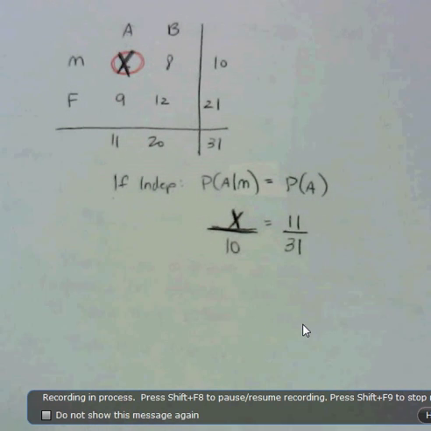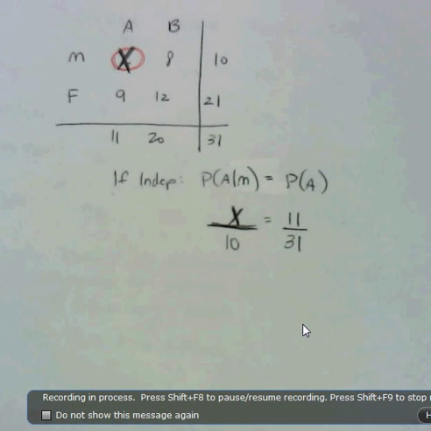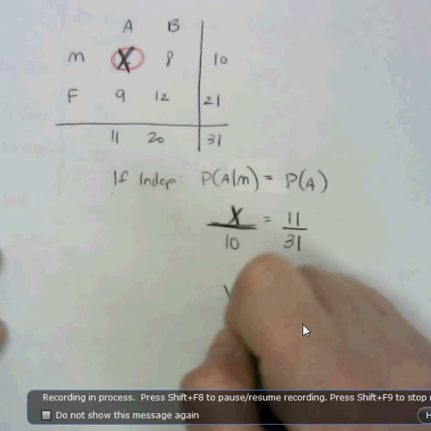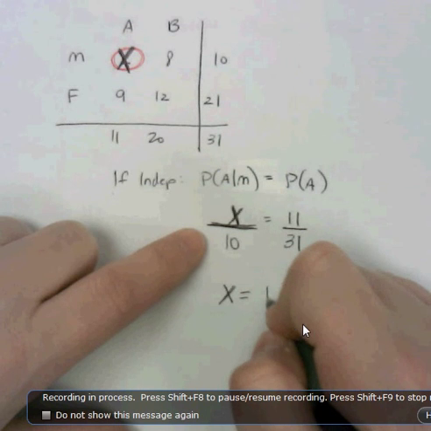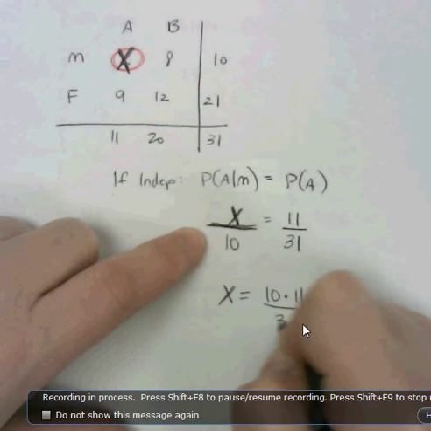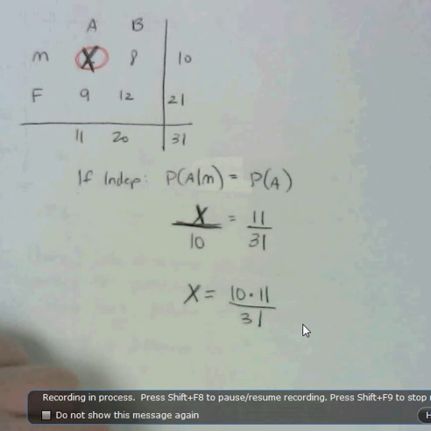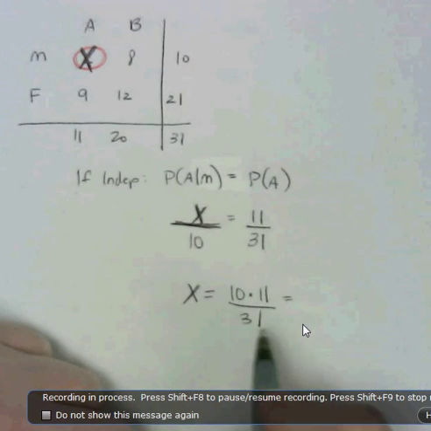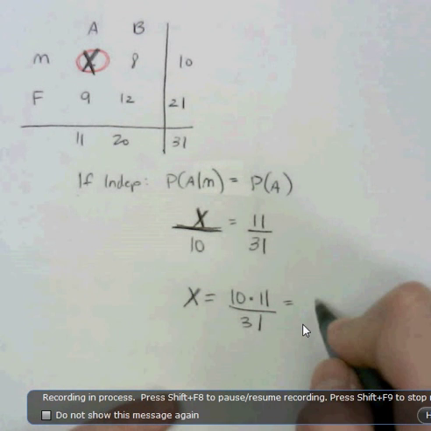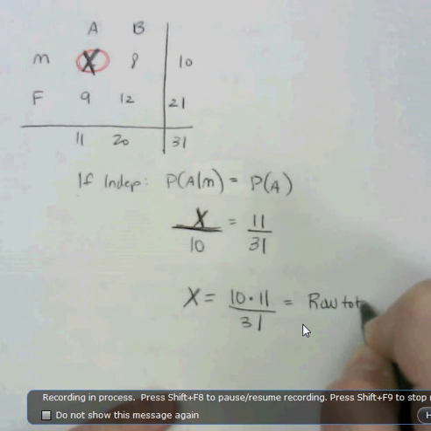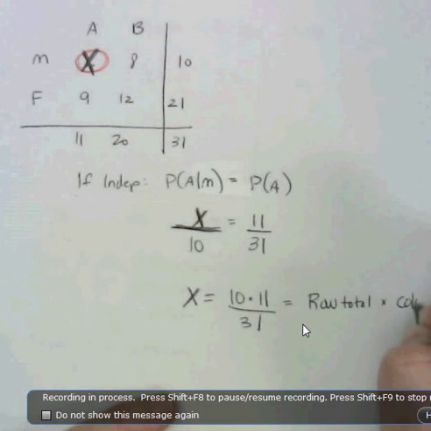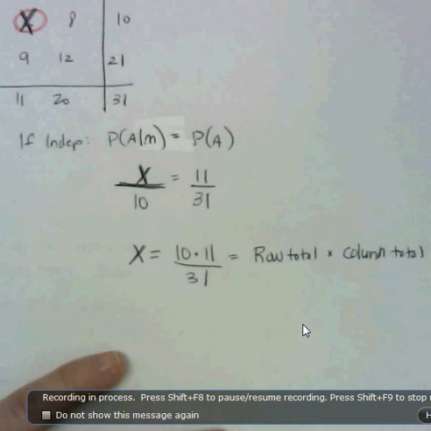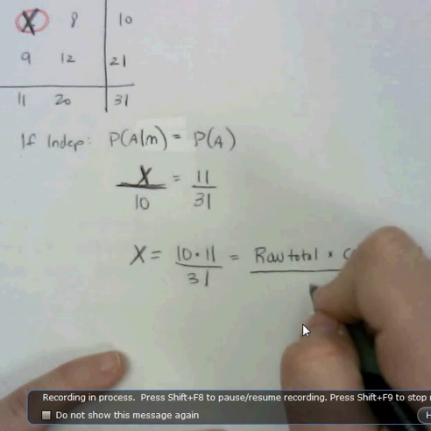Okay. So what we're doing here is we're trying to find out what X is. Well, to find X, you would take your 10 times 11 divided by 31. If you look at what this turns out to be, 10 is the row total, times 11 is the column total, and we're going to divide that by 31, which is the total.